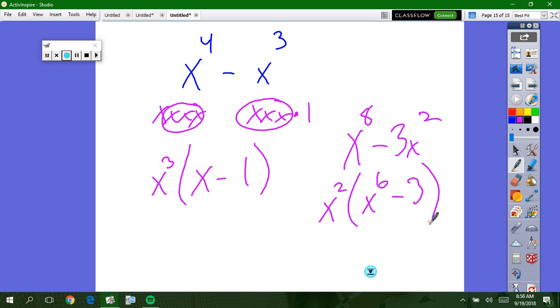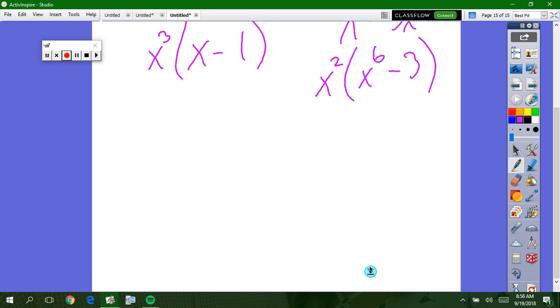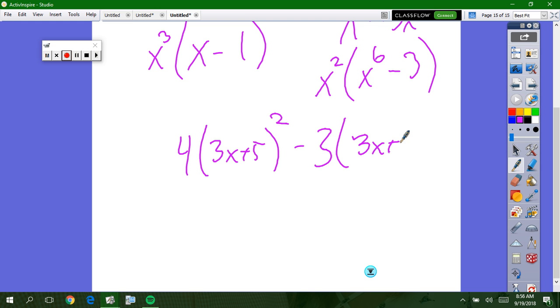I'm going to show you one more quick right here before I get on to my example. If I had this, what do they share? They share a 3x plus 5. Does everybody see the 3x plus 5? Okay, we're going to factor him out. What's left over?